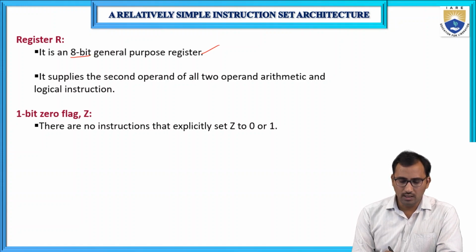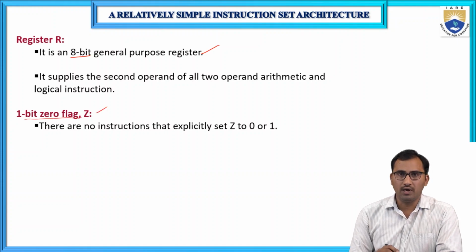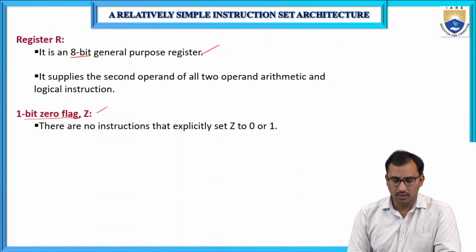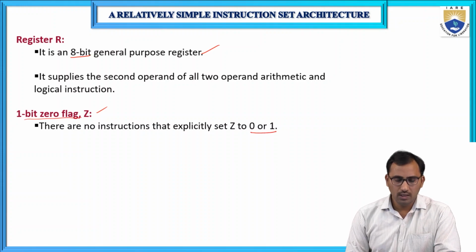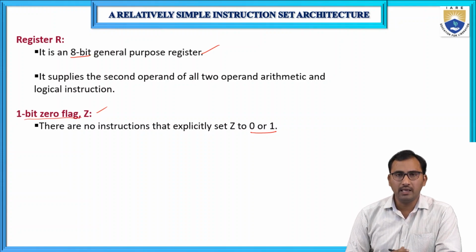And the third one is a 1-bit zero flag. There are no instructions that explicitly set Z to 0 or 1. So in this processor, we do not have any instructions that explicitly set or reset the flags.